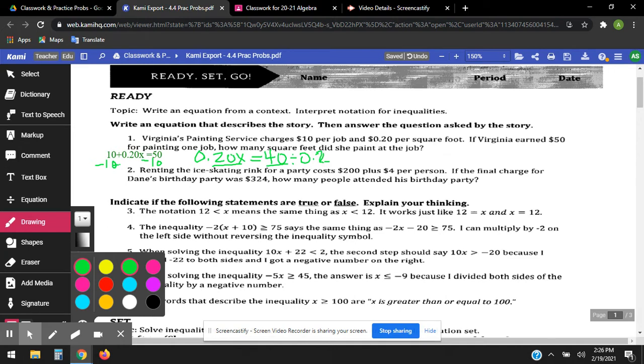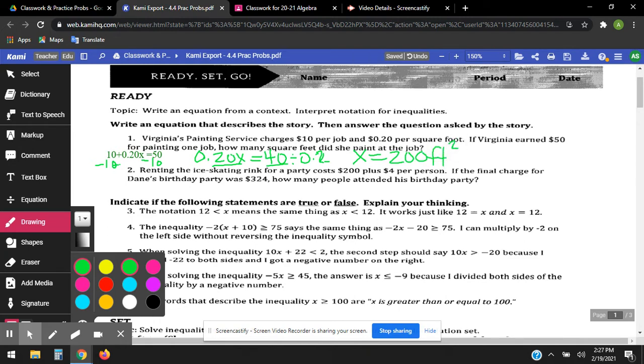Now keep in mind it's dividing by a decimal, which means we're going to get a much bigger number than 40, and that will be 200. So x equals 200 feet squared, which makes sense.